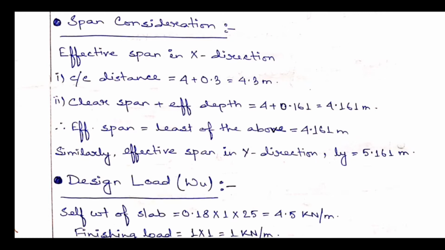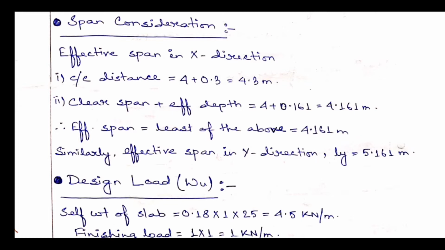So as per the clause, the effective span in x direction is either the center to center distance, that is equal to 4 meter, the clear span or length of the shorter span, plus 0.3. This 0.3 meter, that means 300 mm, is the width of the wall, that means the width of support, which is given in the question. So that is equal to 4.3 meter, or clear span plus effective depth.